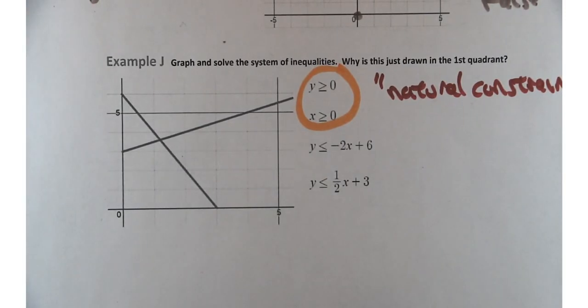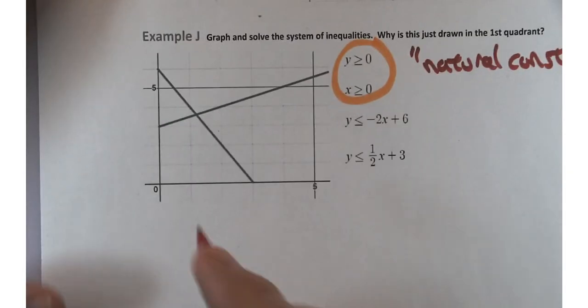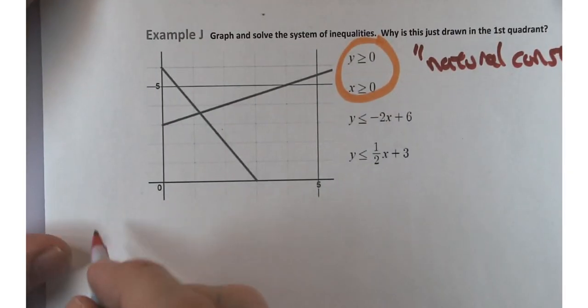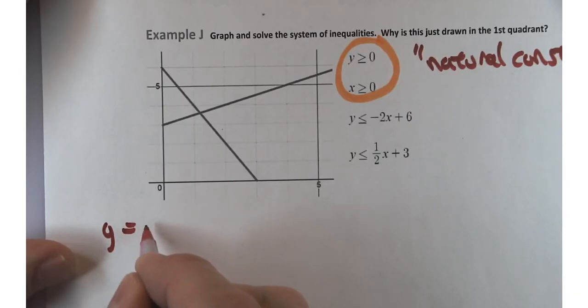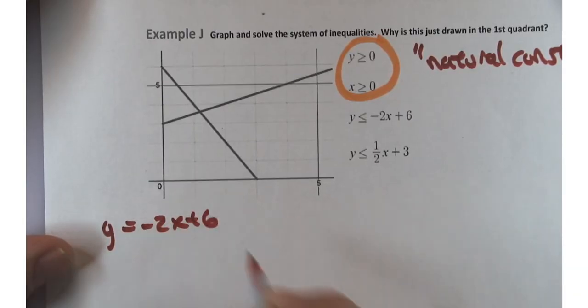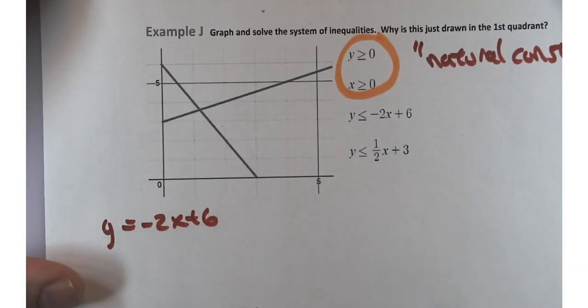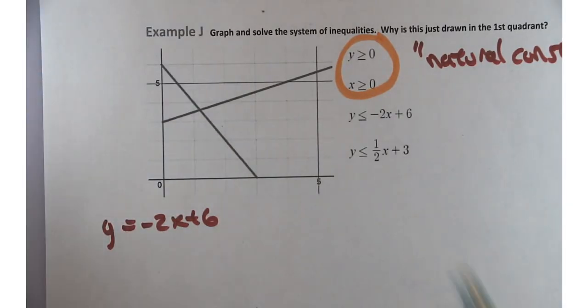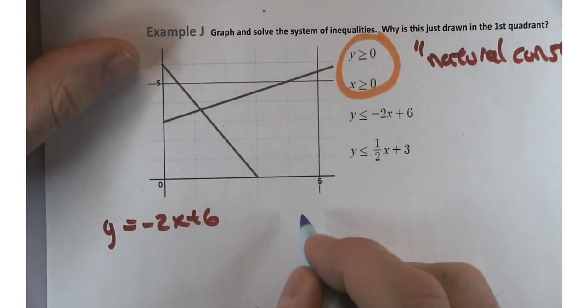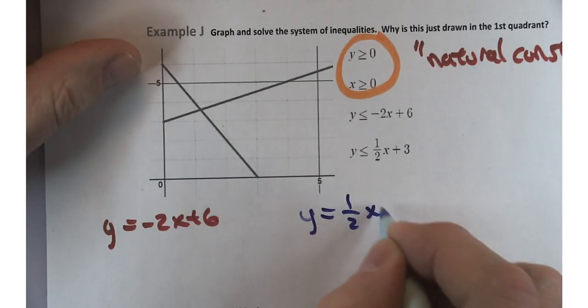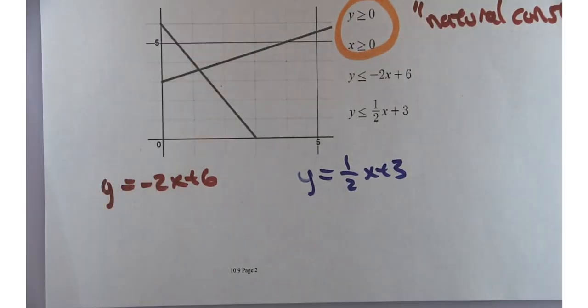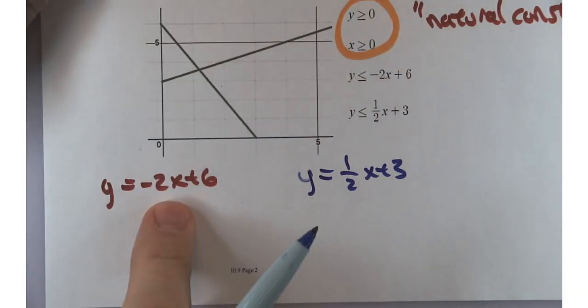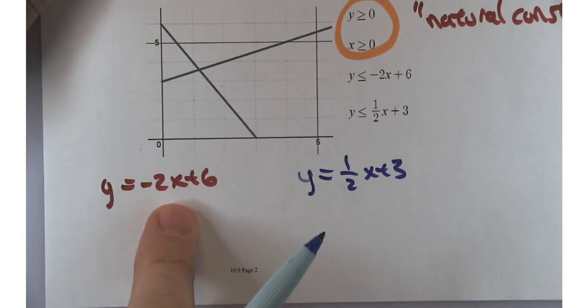As far as graphing those is concerned, well, let's take a look here. We've got y equals negative 2x plus 6 and y equals 1/2 x plus 3. As far as the graph is concerned, let's do this one with slope and intercept and try and figure out which one this one is.